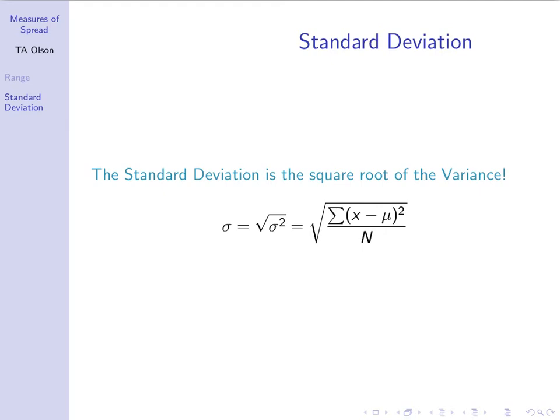Once we get the variance, the standard deviation is the square root of the variance. You'll notice that there's even a little hint in our notation. The variance is sigma squared, so taking the square root of a square gives us the number that we're after. So the standard deviation for the population uses the symbol sigma.